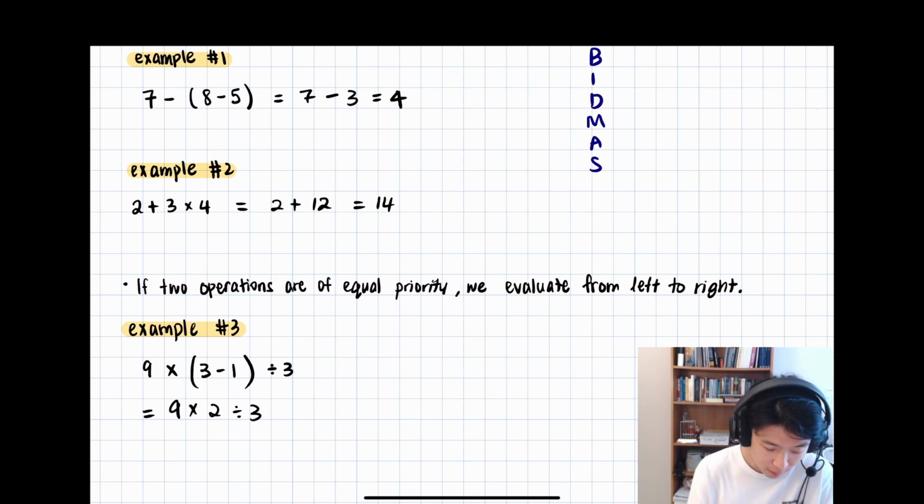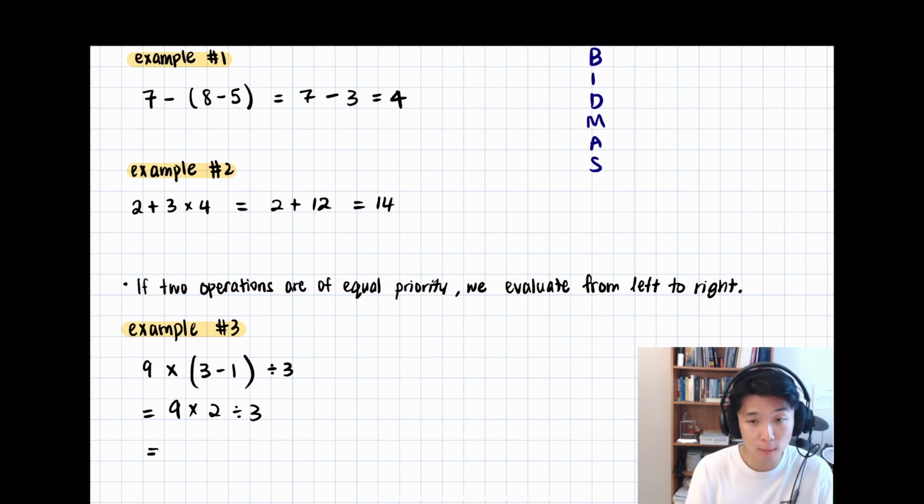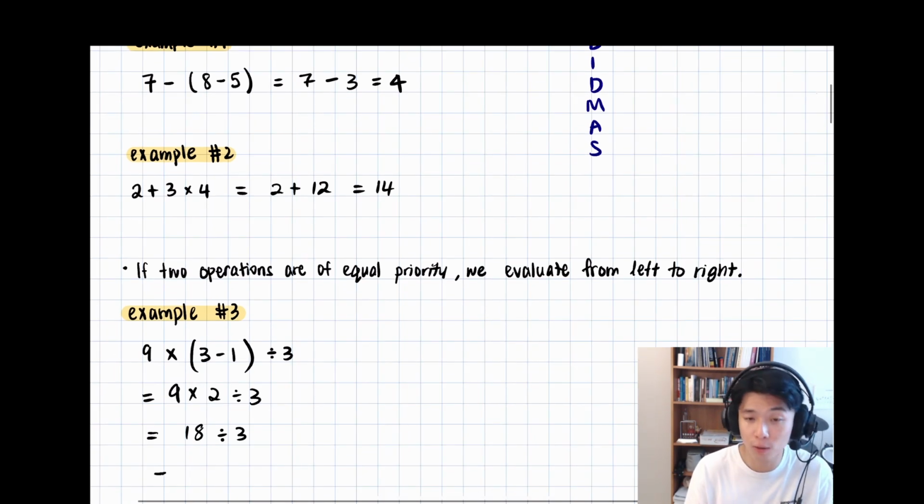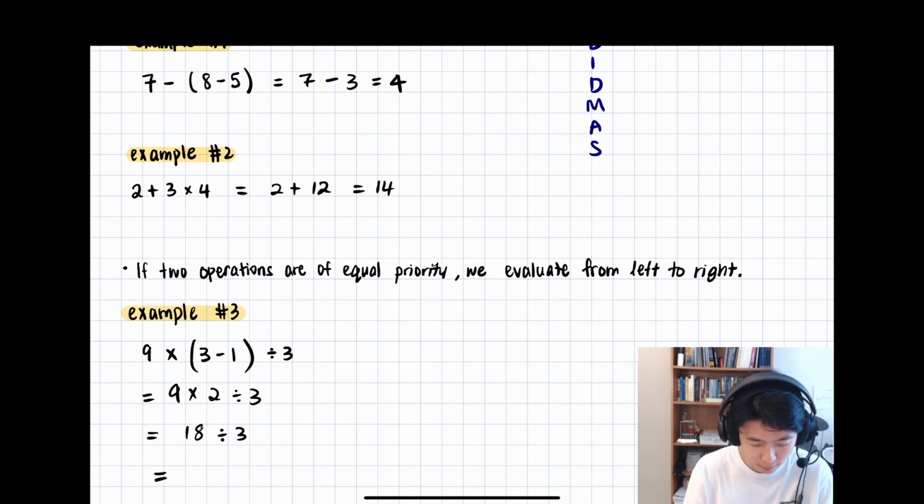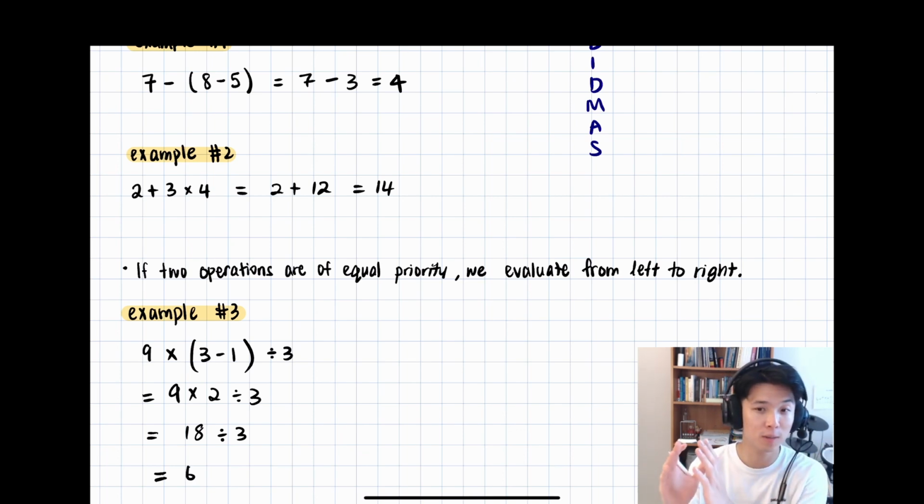And so, in this case, we go 9 times 2, which is 18. And then we divide that by 3, and 18 divided by 3, well, that's 6, okay? And so you see that division and multiplication are together, and addition and subtraction are together. And if you see both of them in the same question, we only just go from left to right.